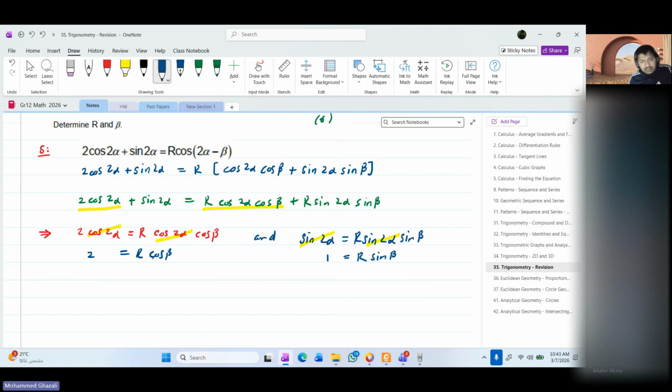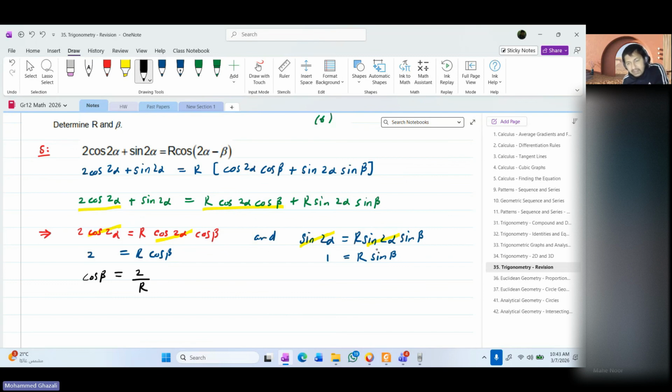So over here, this part is telling me that cos beta is equal to 2 over r, because I'm dividing both sides by r.